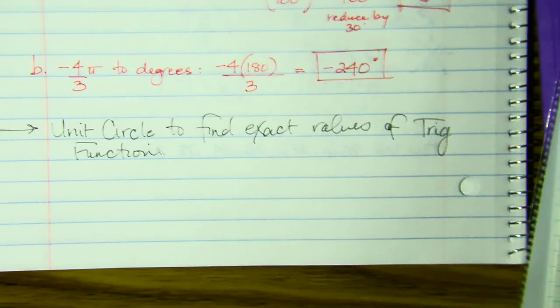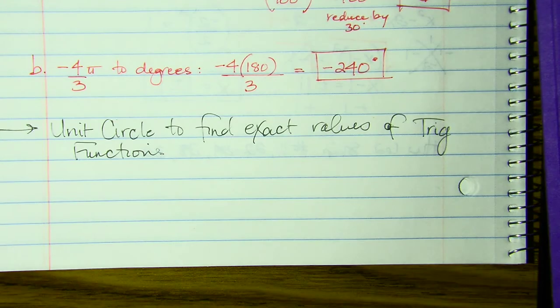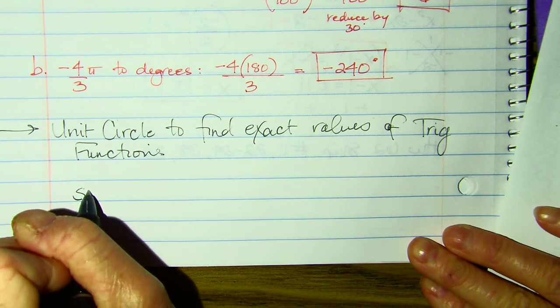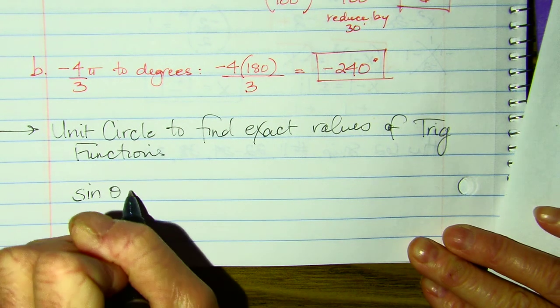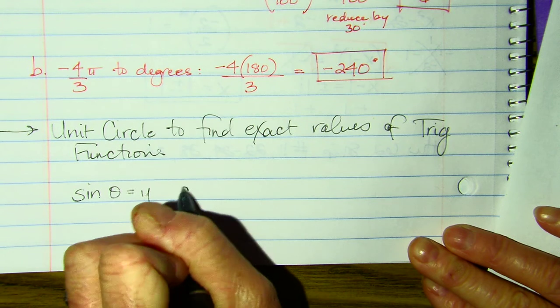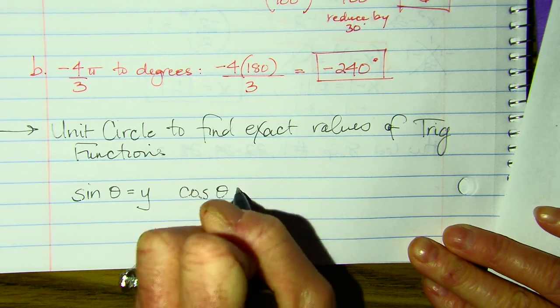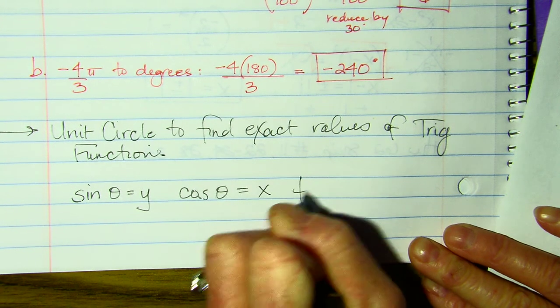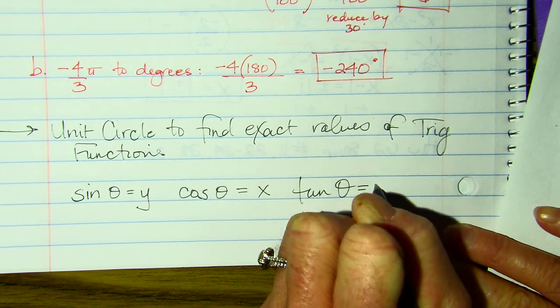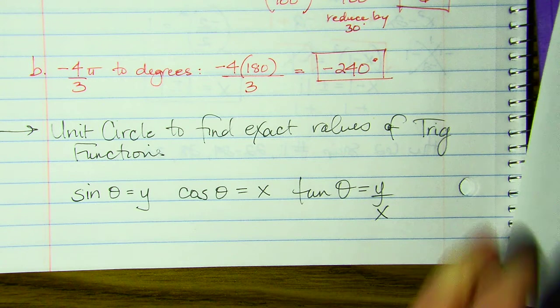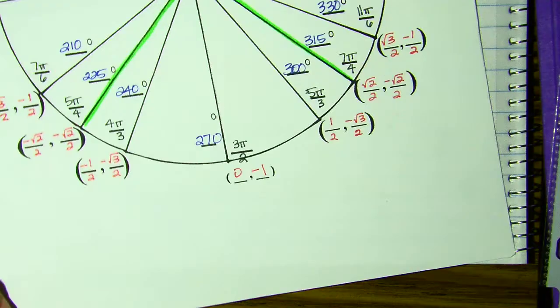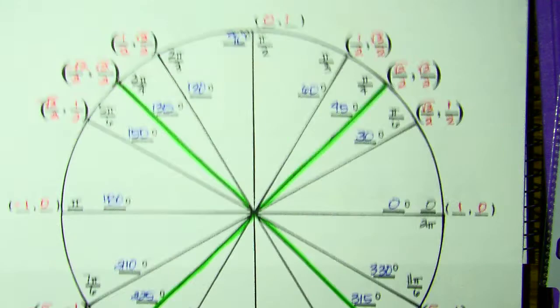On our unit circle, and I will attach this, I know that for a unit circle, the sine of theta equals the y value, the cosine of theta equals my x value, and the tangent of theta equals y over x. I will attach a completed unit circle, and I have color coordinated.